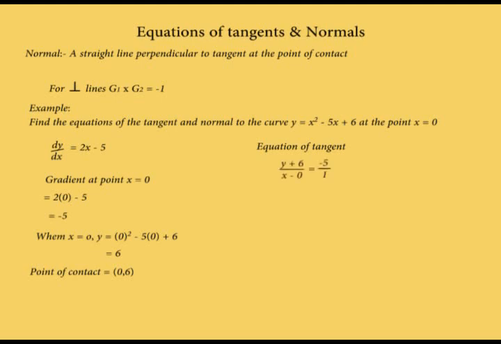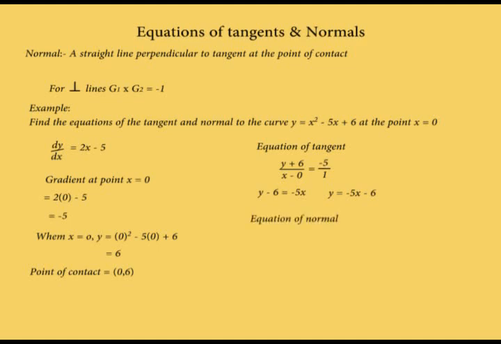So y minus 6 over x minus 0 is equal to negative 5 over 1. Cross multiplication, y minus 6 is equal to minus 5x. y is equal to minus 5x plus 6. That is the equation of the tangent to the curve at the point x is equal to 0 or at point 0, 6.